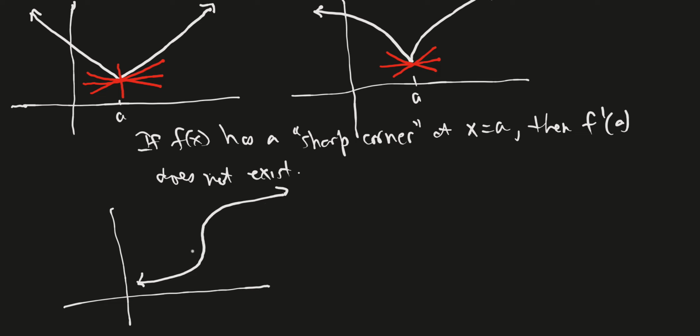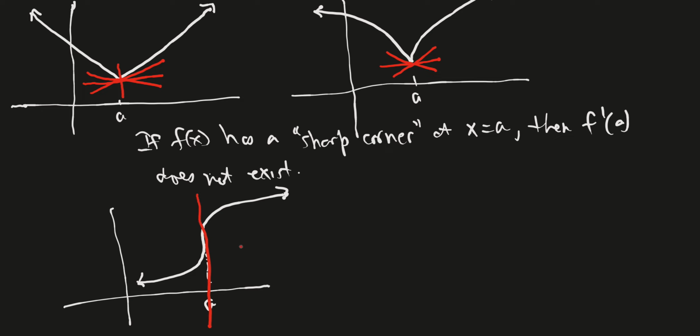Where it looks like that. And let's say this is at x equals a. The problem at x equals a is I can draw a tangent line. But look at what that tangent line would have to be. It would have to be a vertical line. So it would have to go straight up and down.